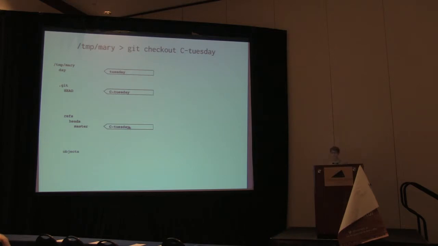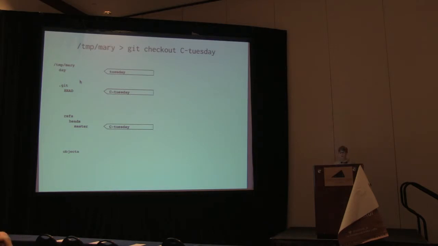Well, the point is to illustrate a detached head, and that's the state we're in now, right? So a detached head is where instead of pointing at a branch, head points at a specific commit, right? Just like this, just up here, okay? So what are the ramifications of that? Well, what checkout does is A, it takes whatever you put here and plugs it directly into head, as long as it's valid. And then B, it will update the working copy to reflect the state of that commit, whatever that commit is.